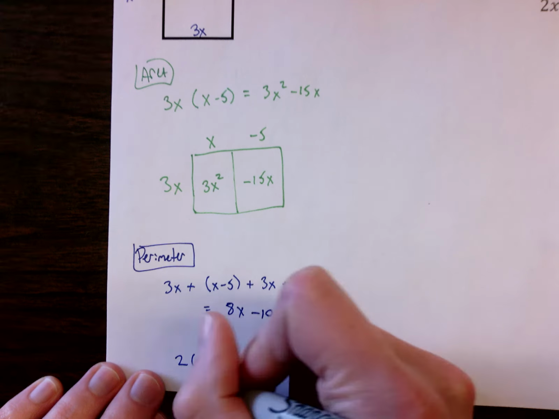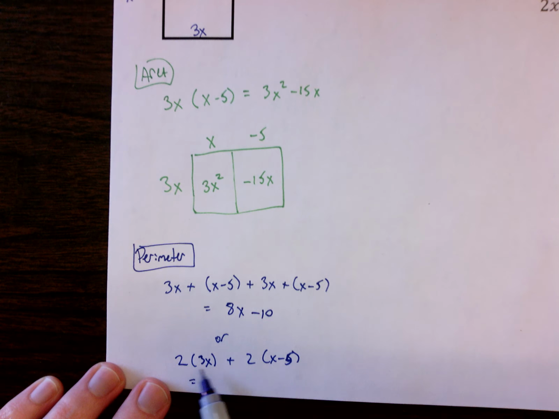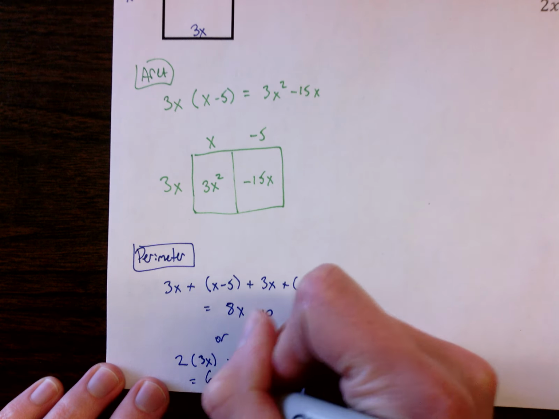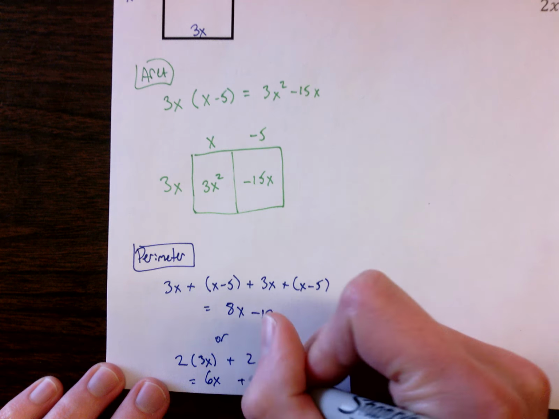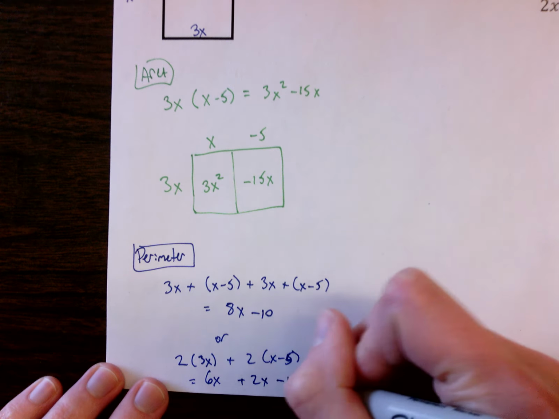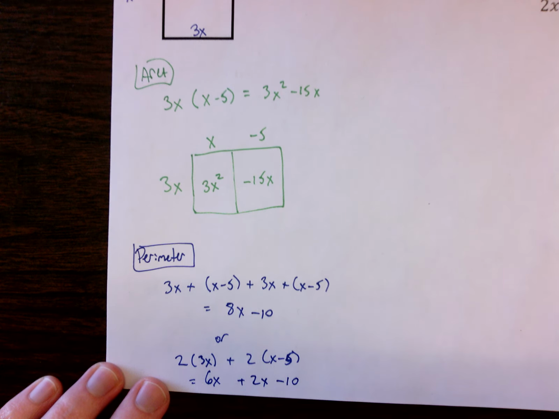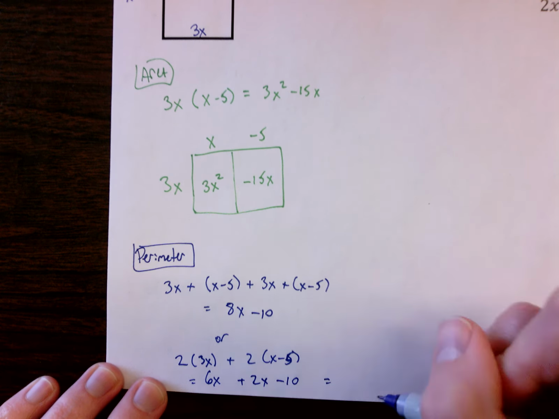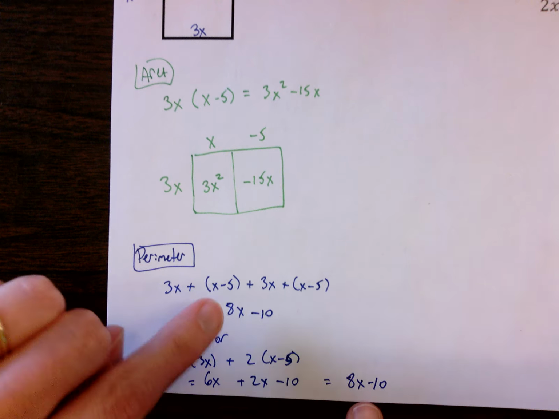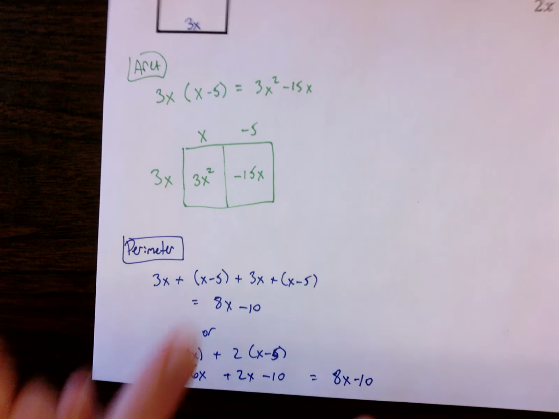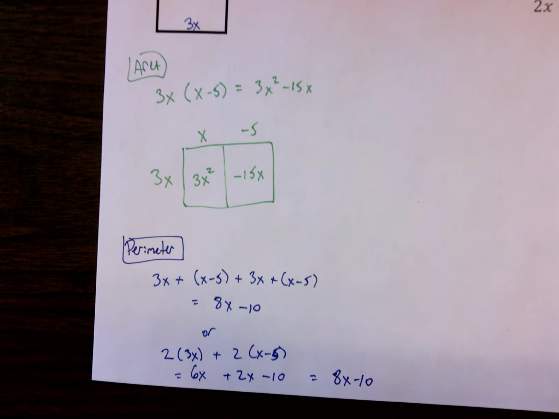If I do the other one, I start by multiplying: that's 6x. Then with my distributive property, I get plus 2x and then minus 10. Combining like terms, 6x plus 2x is 8x. I get 8x minus 10, just like we did here. So you can do it either way. You will get the same answer, and it doesn't make a difference.